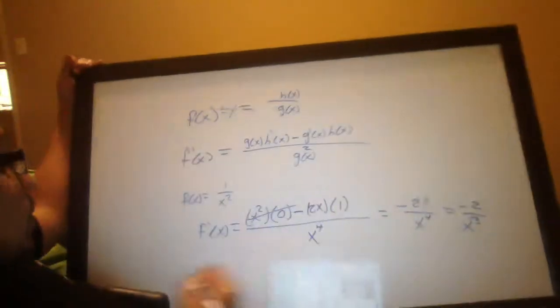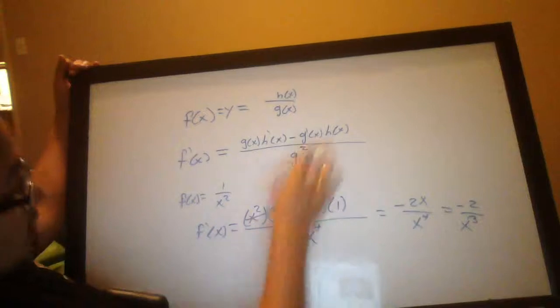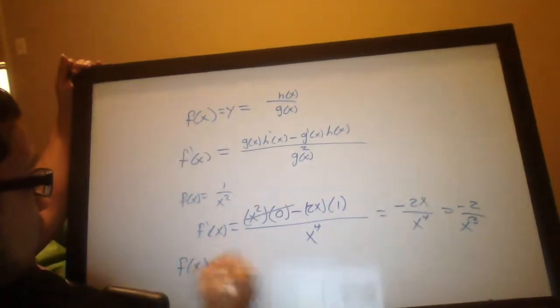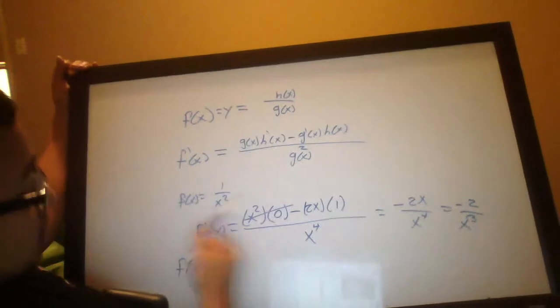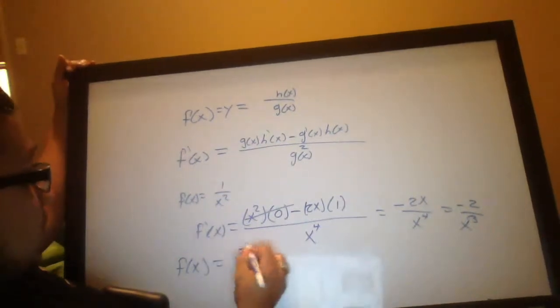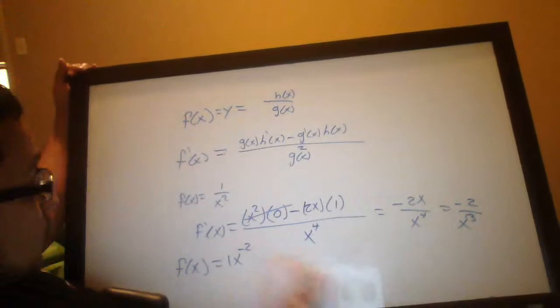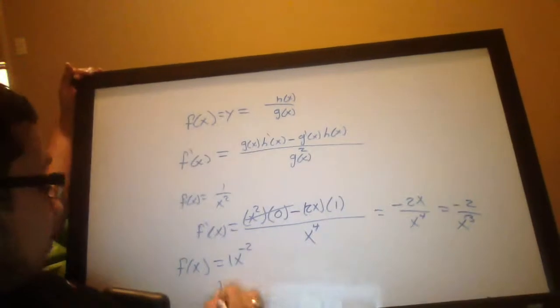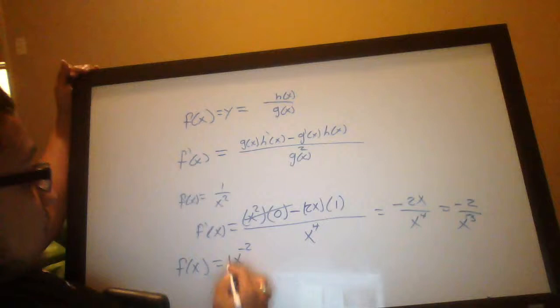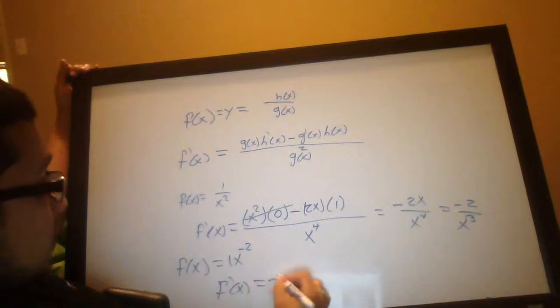Now that was a long way using this equation. A shorter way would have been to do this. f of x is equal to, I'm going to move the denominator to the numerator, so x to the negative 2 times 1. So then f prime of x is equal to negative 2 times the constant 1, it's negative 2.